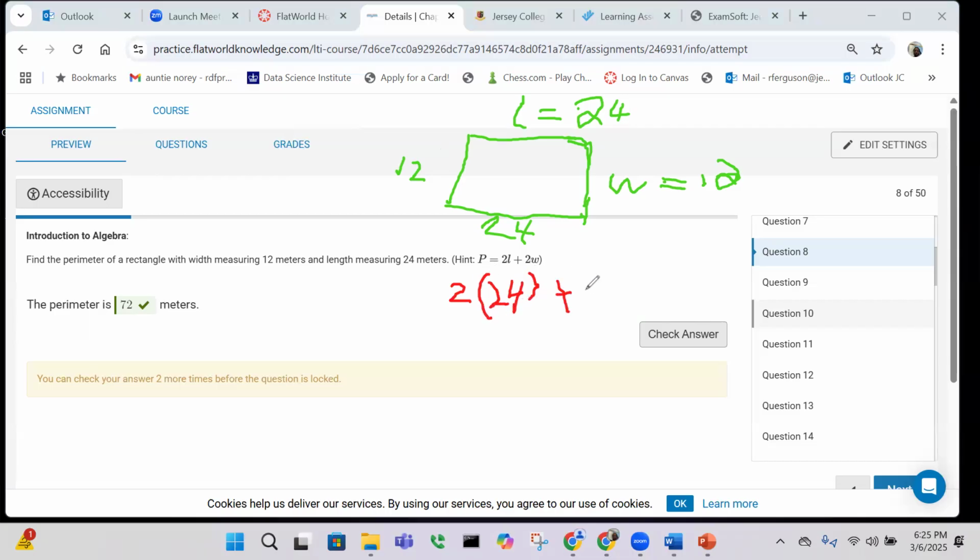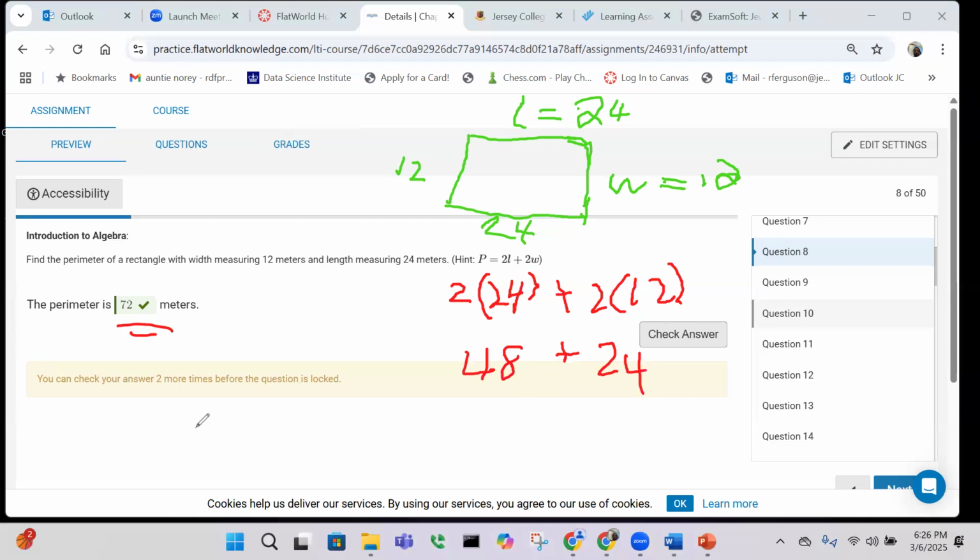And you look at that, 2 times 12 is 24. Order of operation matters. And this one becomes 48. 48 plus 24 is 72. So that's on the quiz.